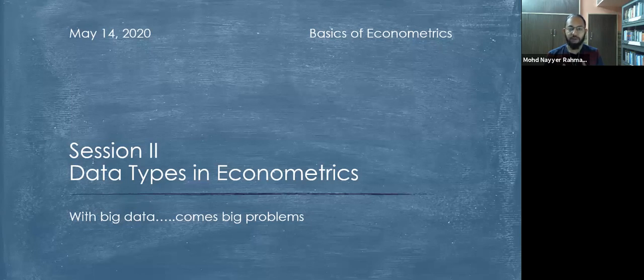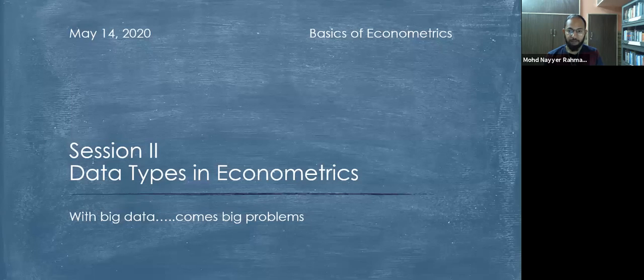Because with big data come big problems of analysis and understanding that data, understanding the features and characteristics of data, etc. We have nature of numbers, laws of numbers, laws of data, and we need to understand that. If you go to statistics, there you have the types of data generally understood as nominal data, ordinal data, interval data, and ratio data.